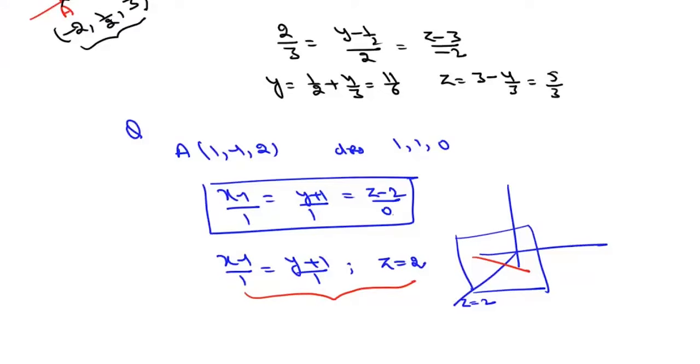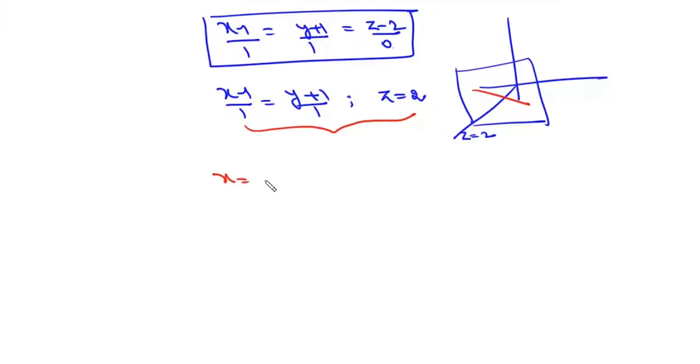Say for example, suppose we are given x equals 2y plus 3 and z equals 5. Now we can write this as x minus 3 upon 2 equals y upon 1 equals z minus 5 upon 0.